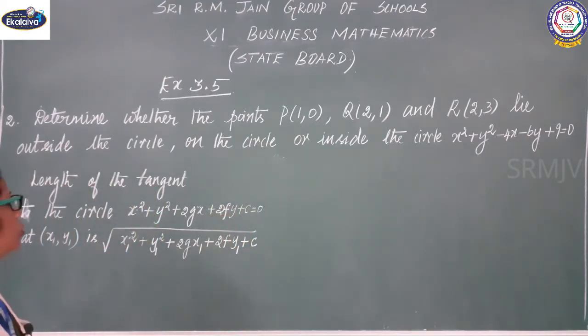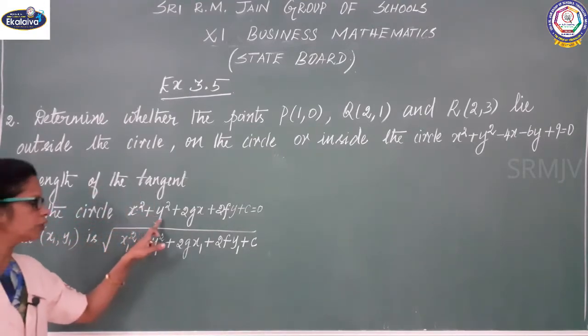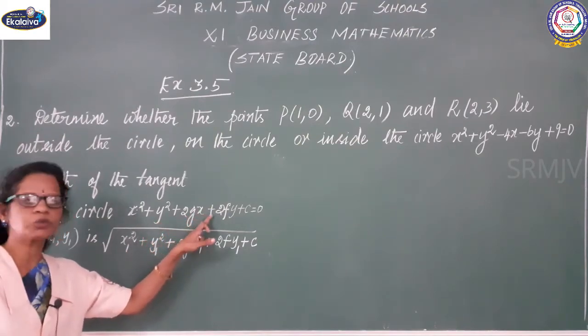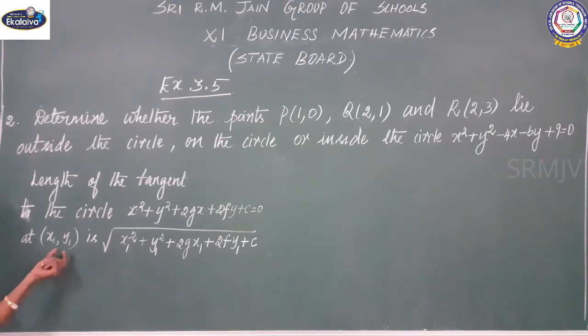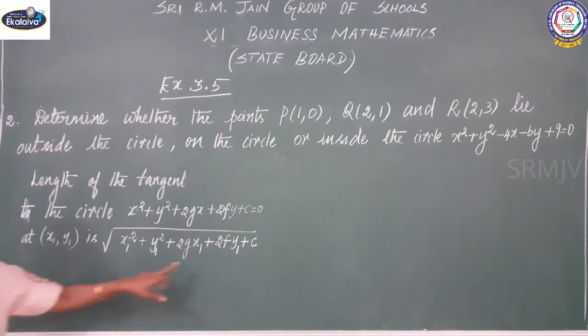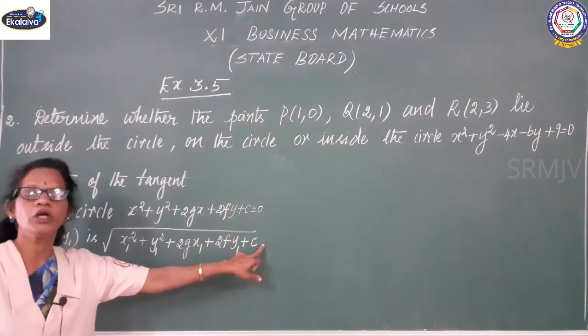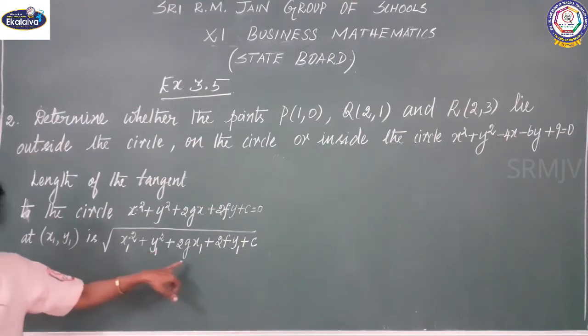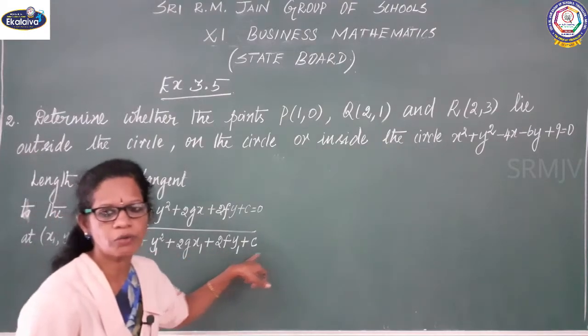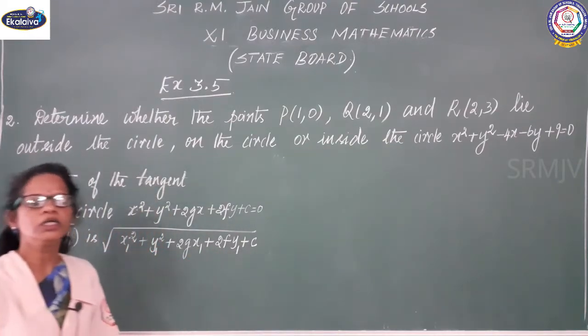Once again I am going to repeat: the length of the tangent to the circle x square plus y square plus 2gx plus 2fy plus c is equal to 0 at (x1, y1) is the square root of x1 square plus y1 square plus 2gx1 plus 2fy1 plus c. You have to be very careful, you should not put equal to 0 in the square root, right?